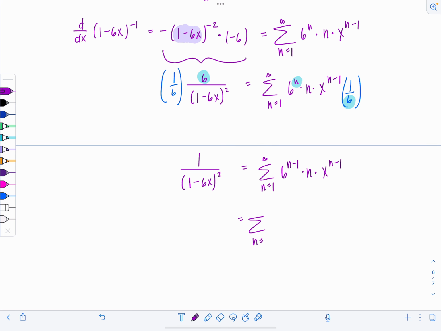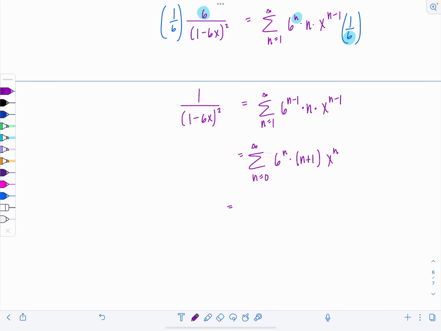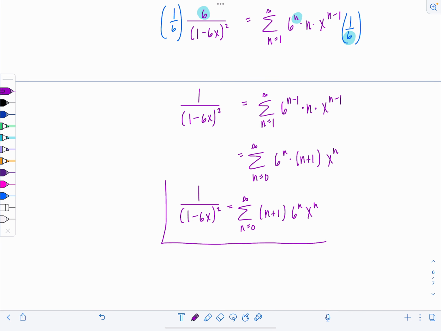So we'll start at n equals 0 to infinity. And then we'll have 6 to the n times n plus 1 times x to the n. And that just looks weird to me, so I'm going to put the n plus 1 first. Isn't it looking ugly? Oh no. N plus 1, 6 to the n, that's better, yes. And then I'll just say this equals f of x. Okay. Beautiful. Beautiful.